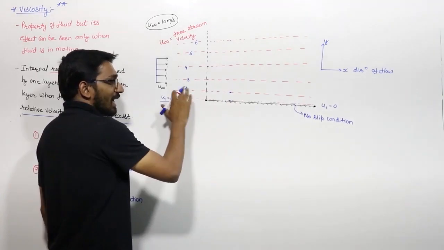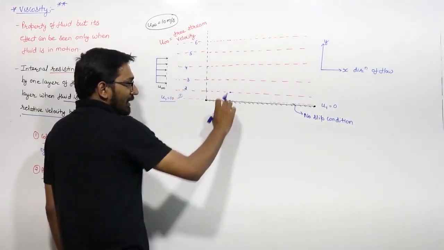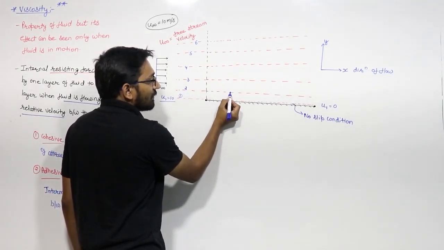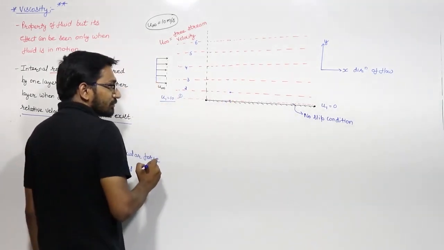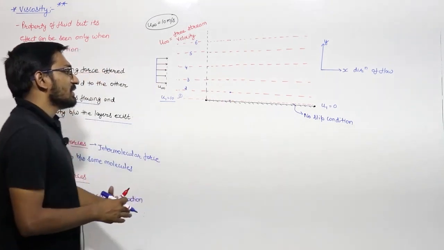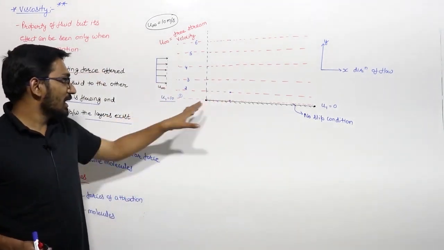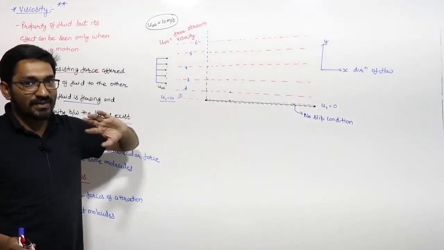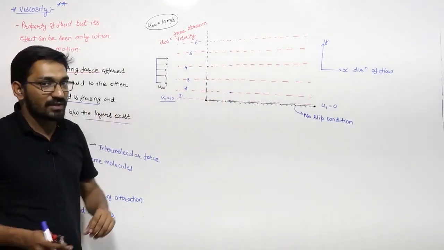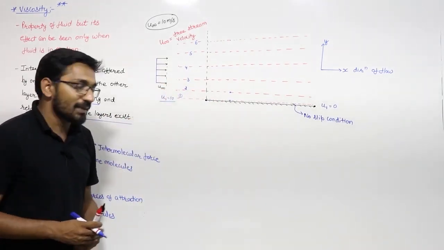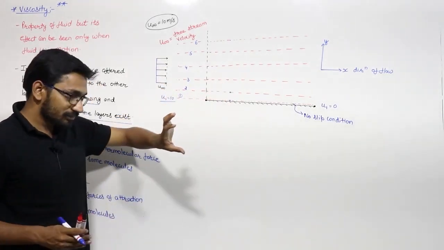So there is some relative velocity between these two layers. The second layer has velocity 10 meters per second, the first layer 0 after contact with the solid boundary, so a relative velocity of 10 meters per second exists between them.